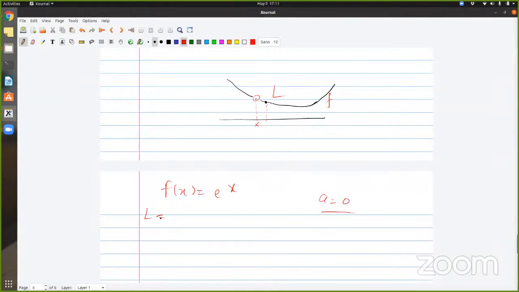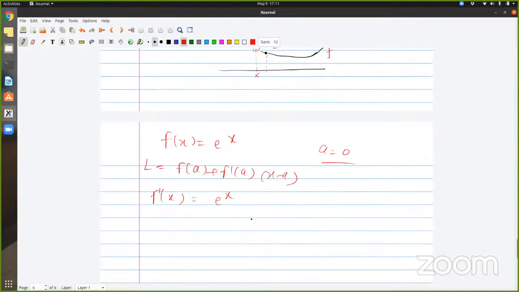So we have to find the linear approximation, that is f of a plus f dash a into x minus a. f dash x is equal to e to the x itself. So at x is equal to 0, it will be 1.